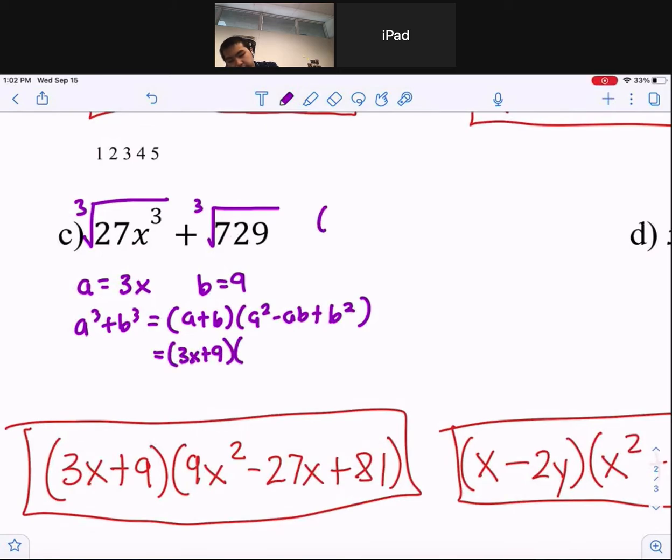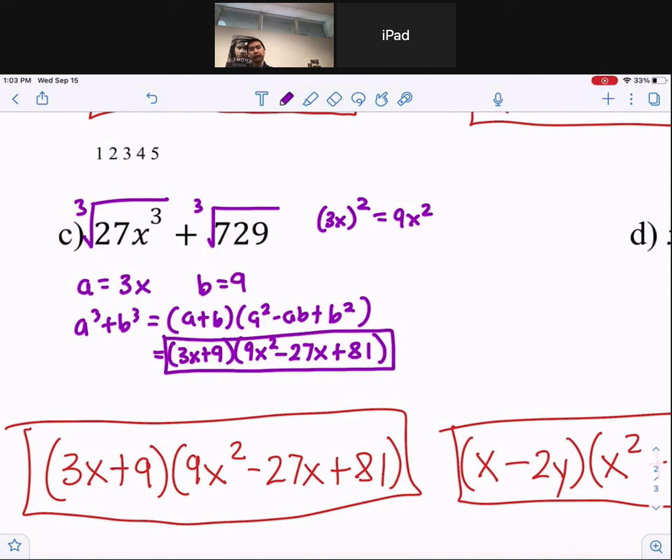Our a squared, 3x to the second power, that's 9x to the second. Our a times our b, 3x times 9, that's negative 27x. And our b squared, what is 9 to the second power? That is 81. And there we go.